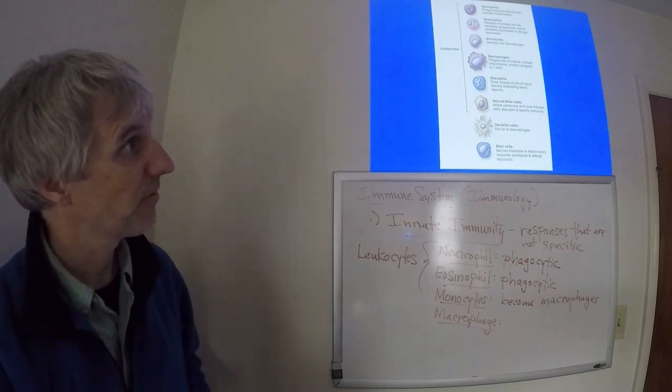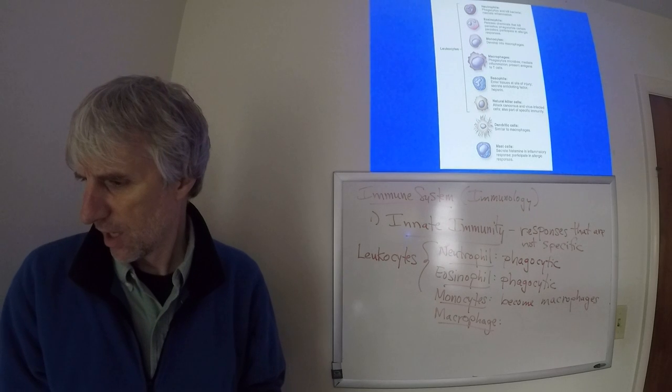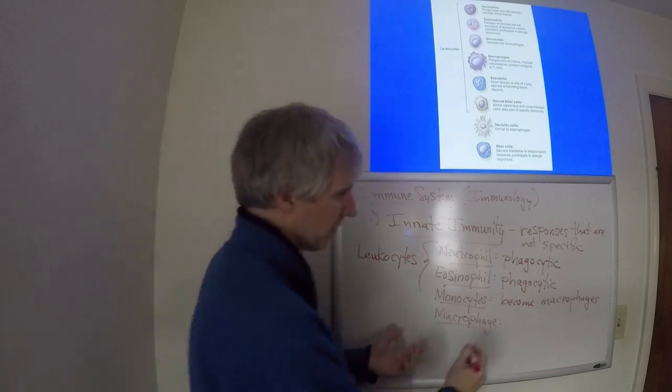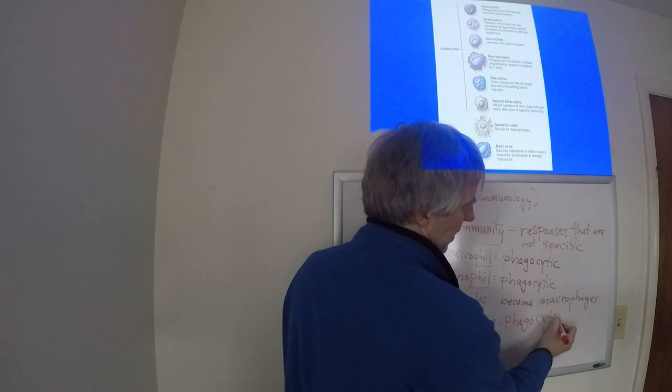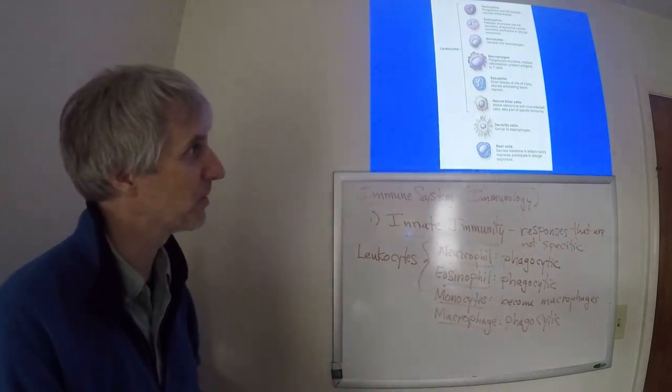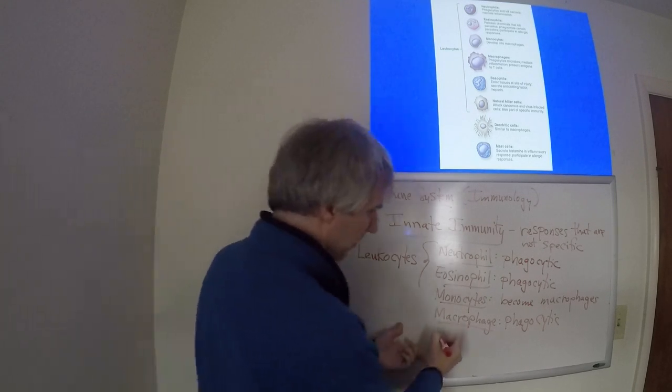Right? And macrophages, like the neutrophils and eosinophils, are also capable of doing phagocytosis. So you're hopefully starting to sense a pattern here, right, in the innate immune system cellular component. And then basophils.